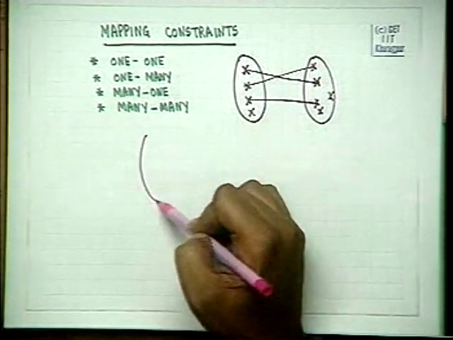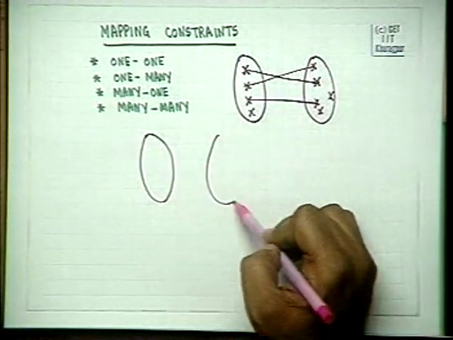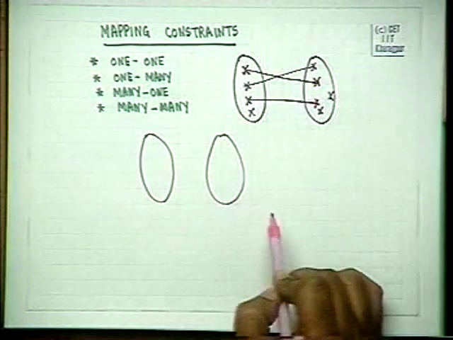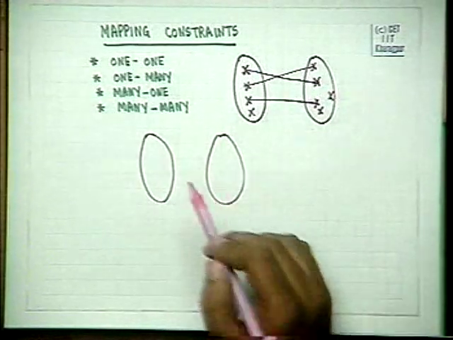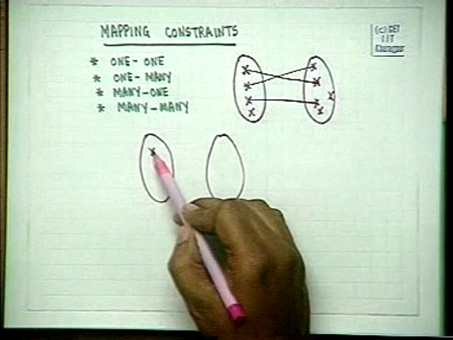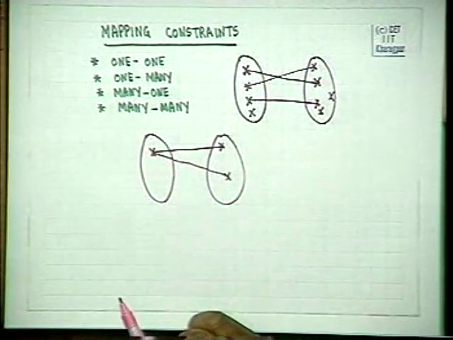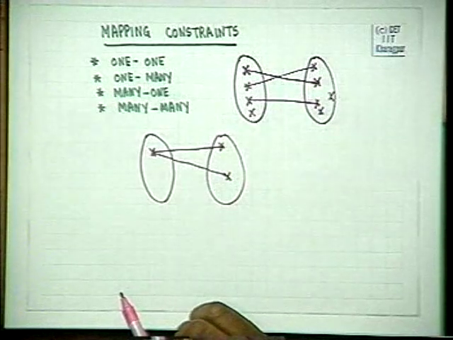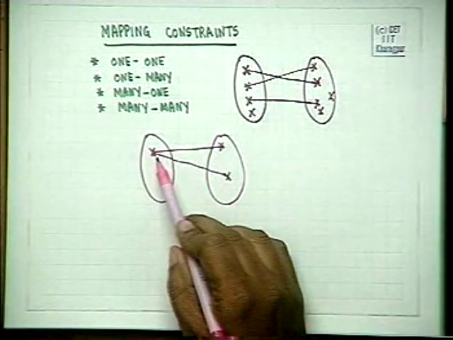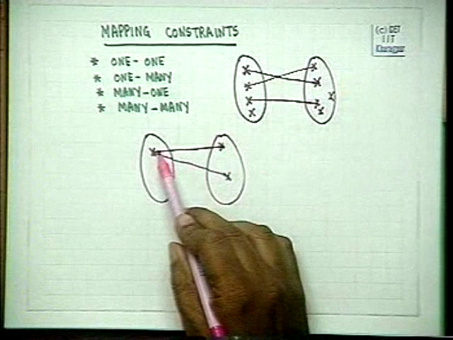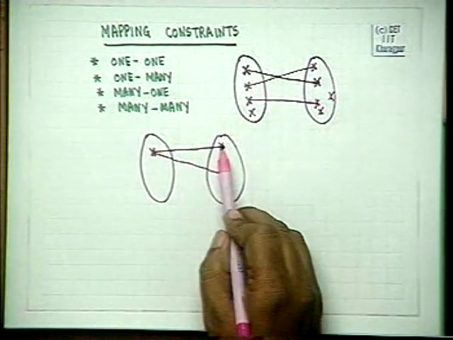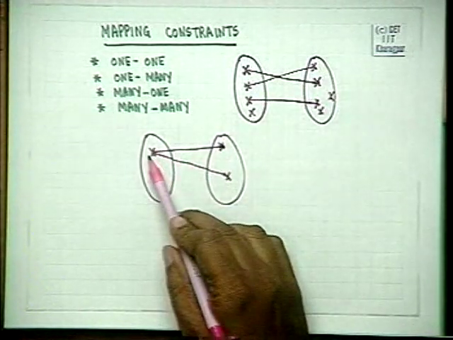One to many means one to many. It is a directional mapping always. This element can be mapped to more than one element, but this can be mapped to only one element.